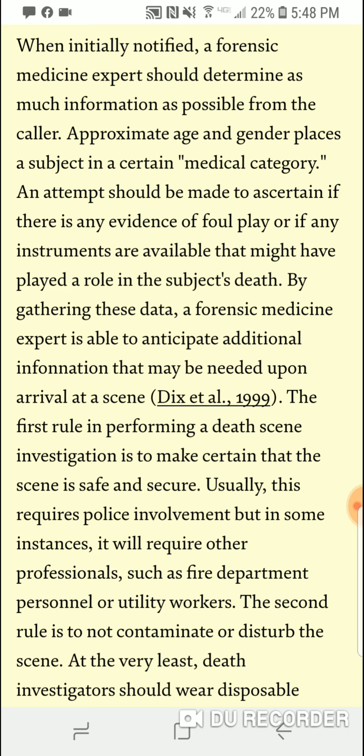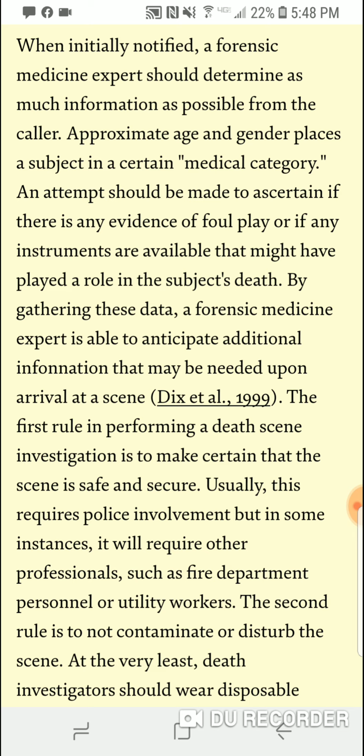By gathering these data, a forensic medicine expert is able to anticipate additional information that may be needed upon arrival at the scene. So they're saying before you even get there, there's a body on the scene or a missing person, you have got to prepare for the worst.